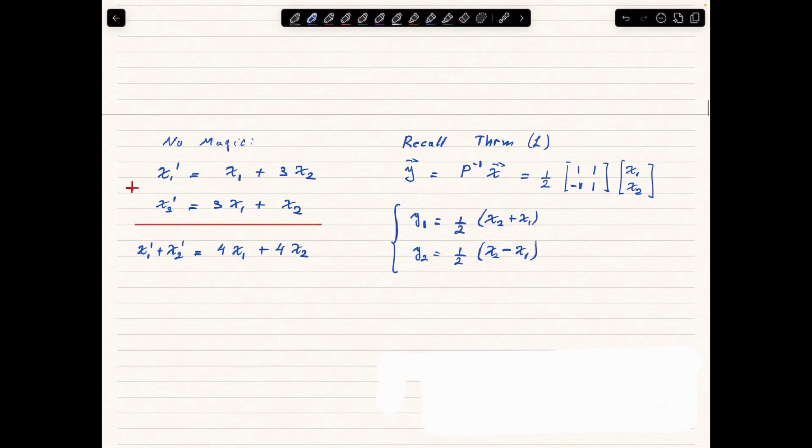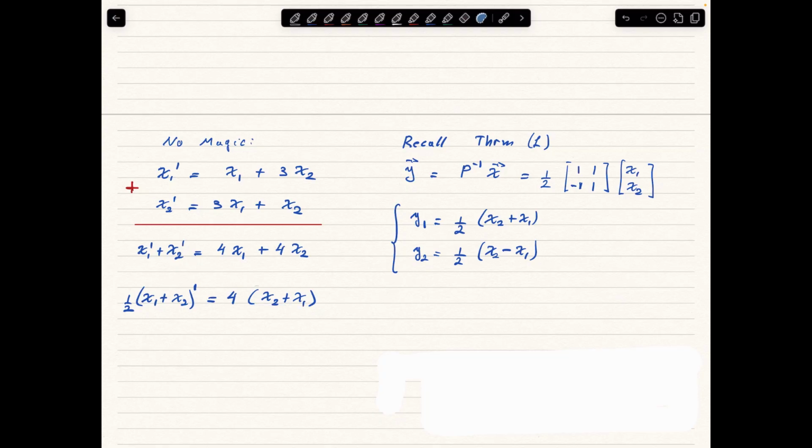Okay, but that means that x1 plus x2 all prime, so the variable addition, derivative of that, is 4 times itself, x2 plus x1. And the same happens if I divide by 2 the whole equation.